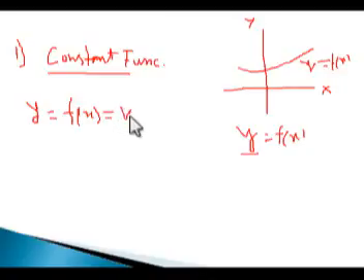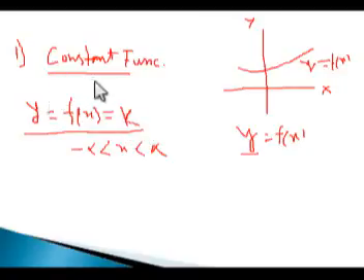We are taking k. This is fixed, but x varies from minus infinity to infinity. For all values of x, y will be kept at constant, a certain value. Then this function is called constant function.